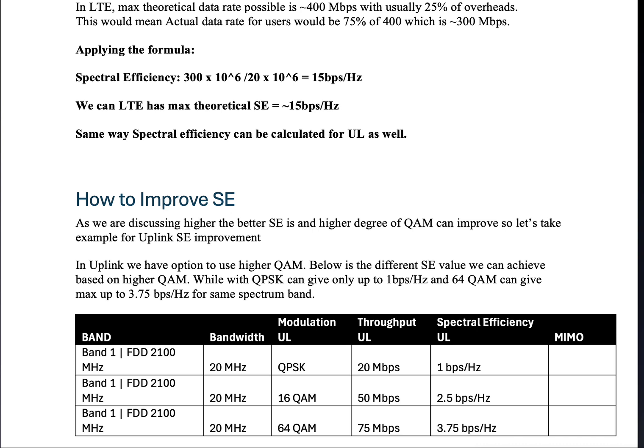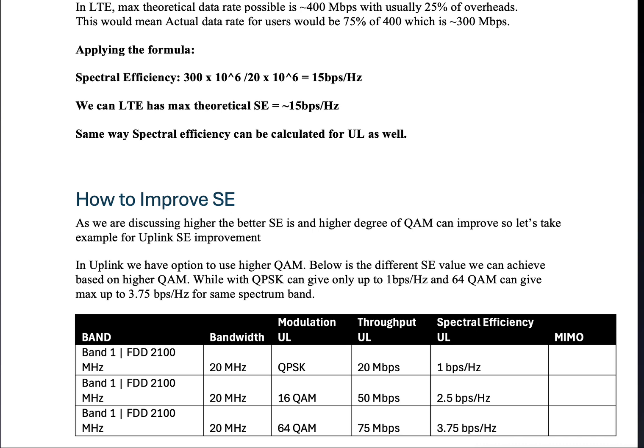Bandwidth, we consider 20 megahertz. Now with this bandwidth and frequency band, let's say the modulation scheme is first QPSK. So with QPSK, 20 Mbps is what we can achieve in uplink throughput. This is theoretical. Let's not apply MIMO in uplink for now. So 1 bps per hertz is what we can maximum theoretically achieve.